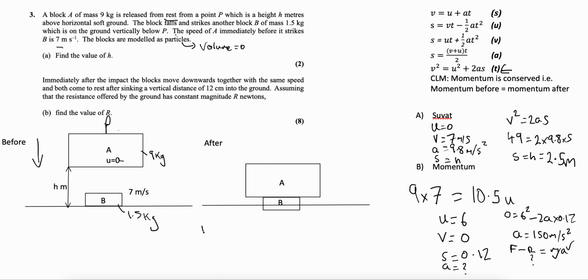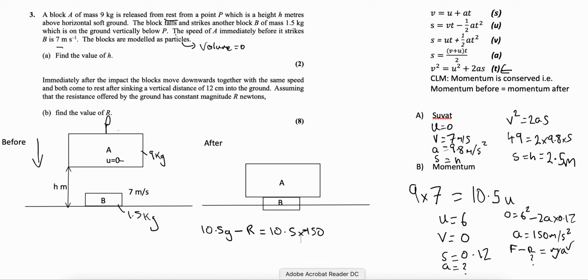So we will have 10.5g minus R equals 10.5 times 150. Now if we check our signs, if we're picking down as positive, the acceleration will be a deceleration, so that would be minus 150.